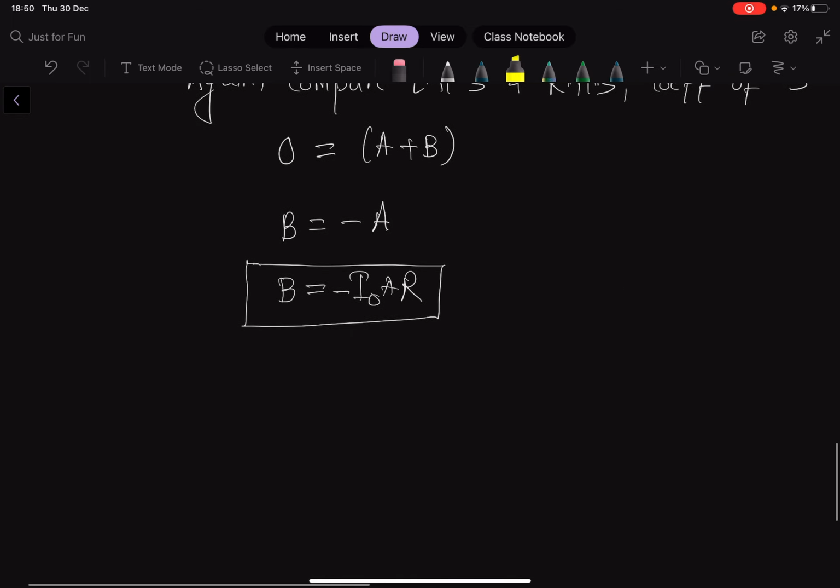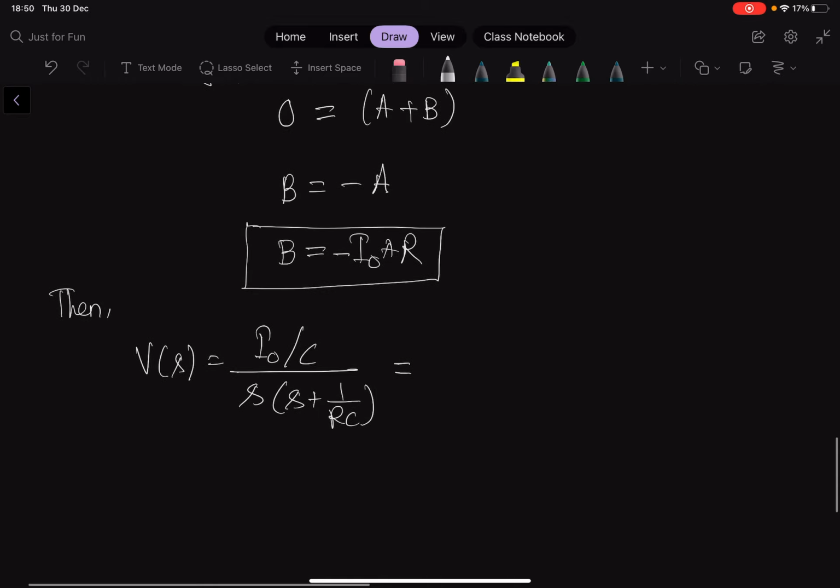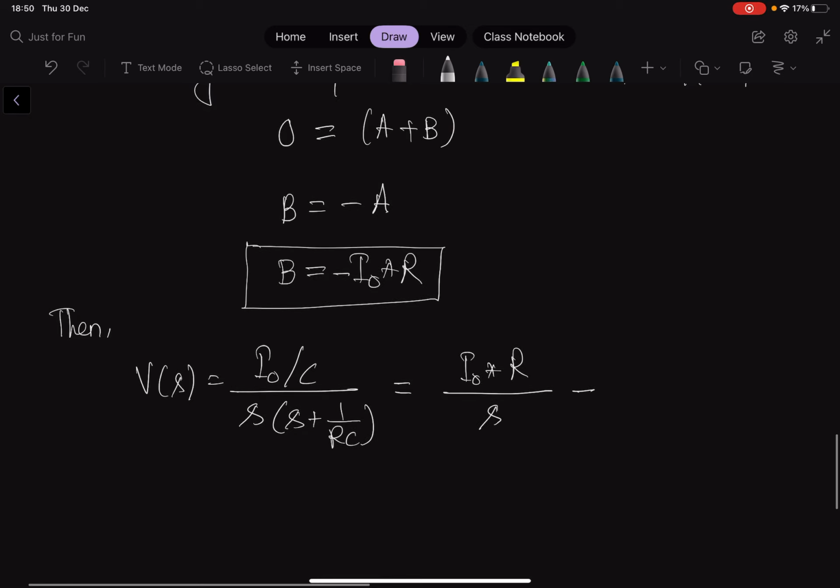Finally, we know Vs is I naught over C divided by s, the main fraction, and that is separated into A, where the value of A is I naught times R divided by s, and then B is negative, so minus I naught times R divided by s plus 1 over RC.